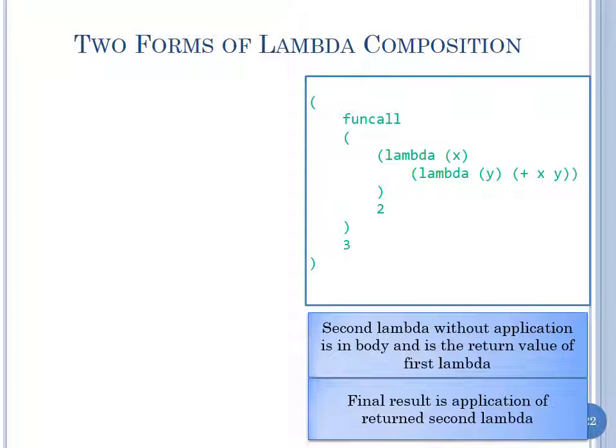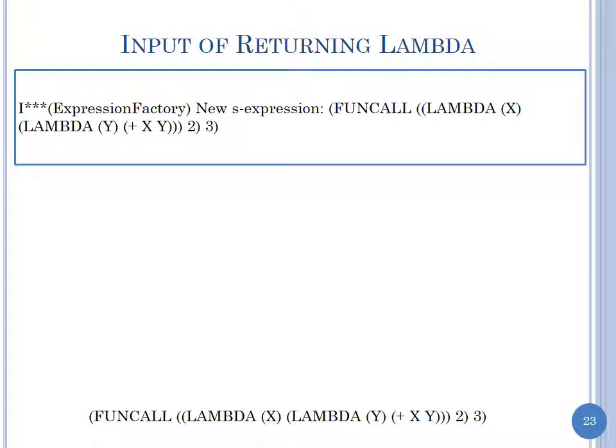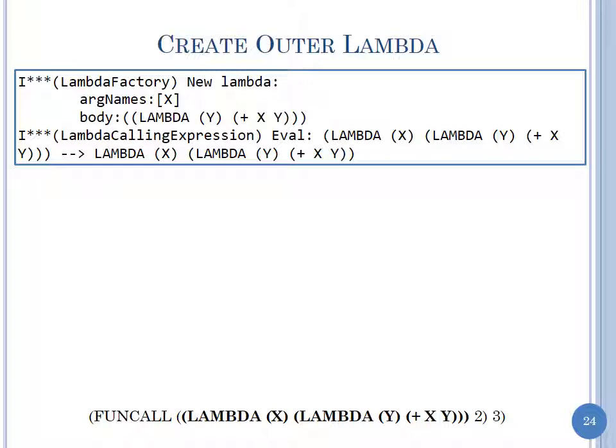Now let's get into this one. So we've got the input expression for the whole thing. We create the outer lambda as we did last time.